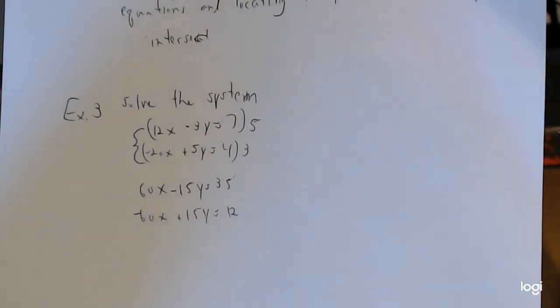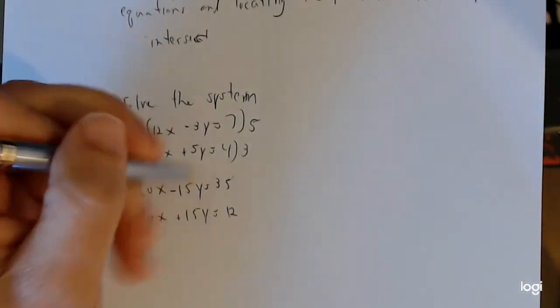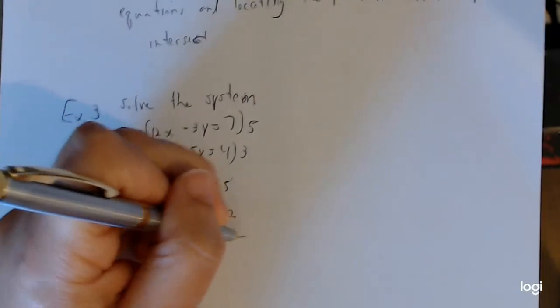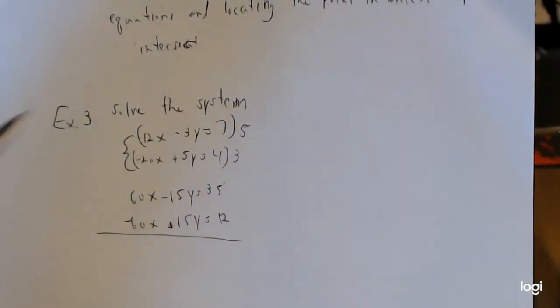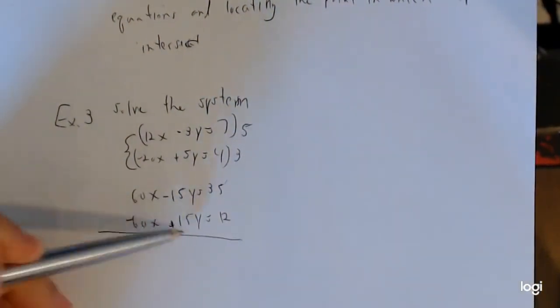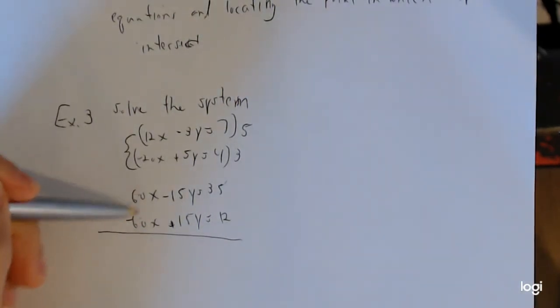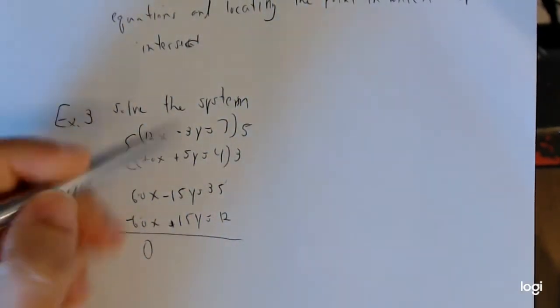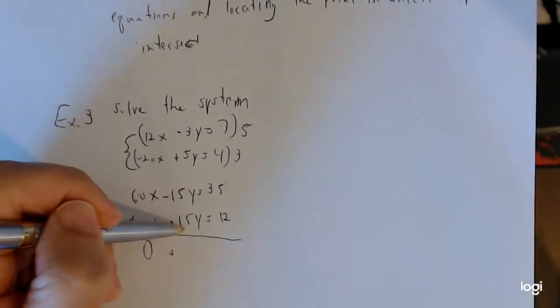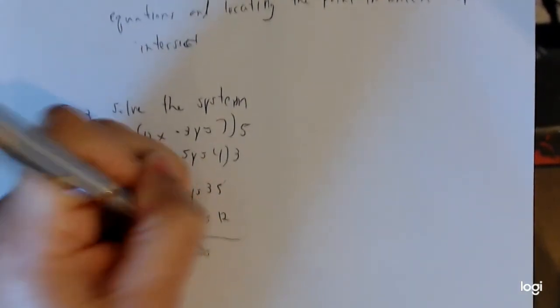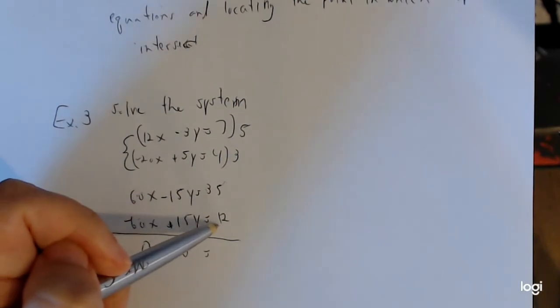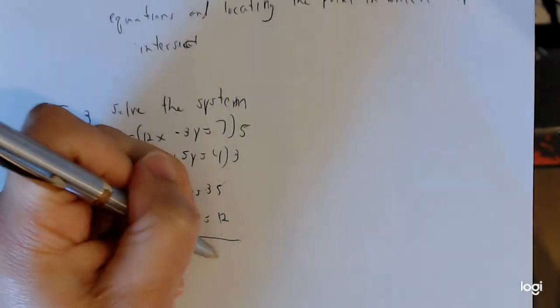And now I'm actually noticing, without knowing how many solutions we have, that both the x's and y's ended up being exact opposites. So when I add them, what do I get? 60x minus 60x becomes 0, plus negative 15y plus 15y is 0, equals 35 plus 12, which is 47.